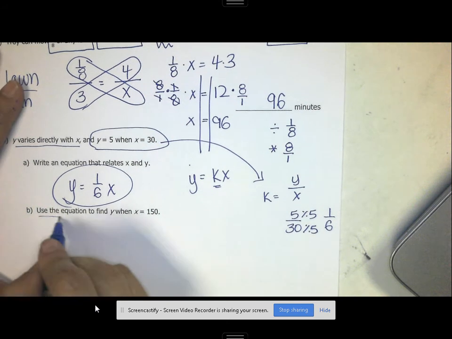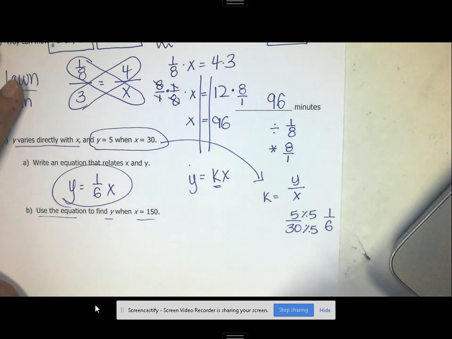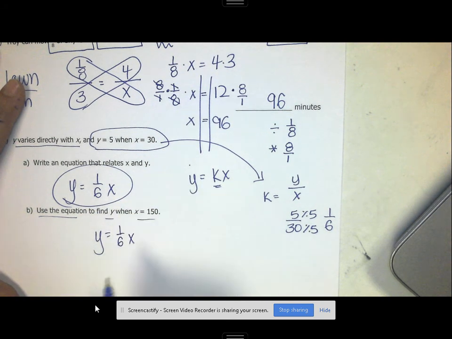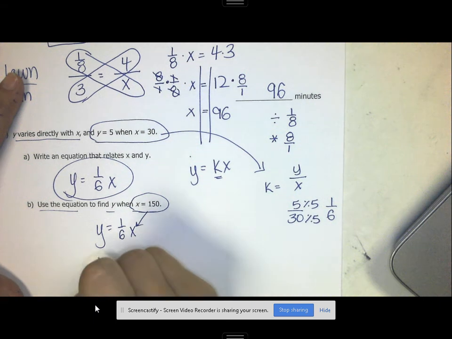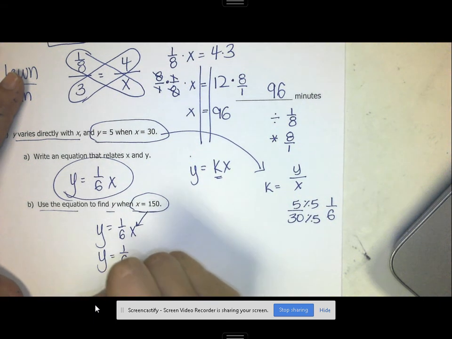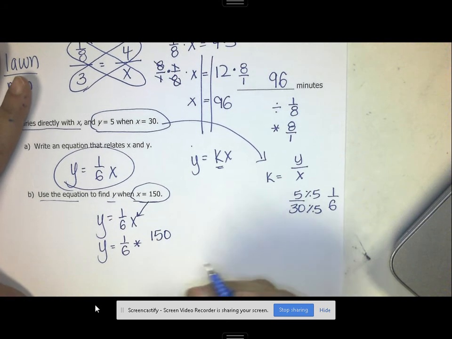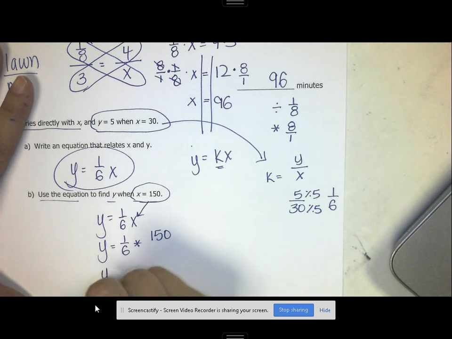Use the equation to find y when x equals 150. So I have to use this equation. I'm going to be finding y, so y is going to be unknown. And they told me x equals 150. So I have to plug in 150 there. So y equals 1/6 times 150. And 1/6 times 150 is just 25.